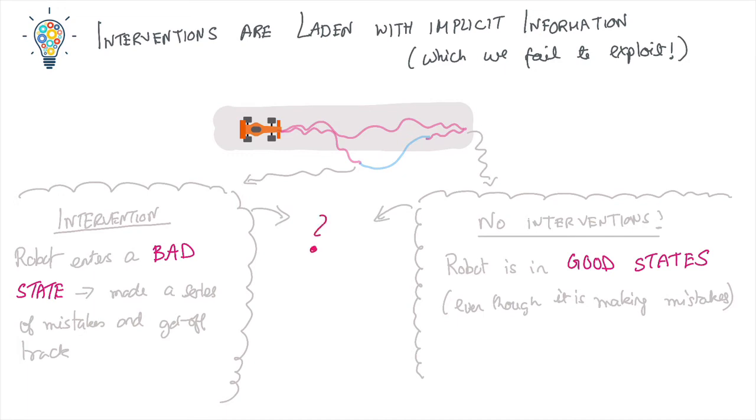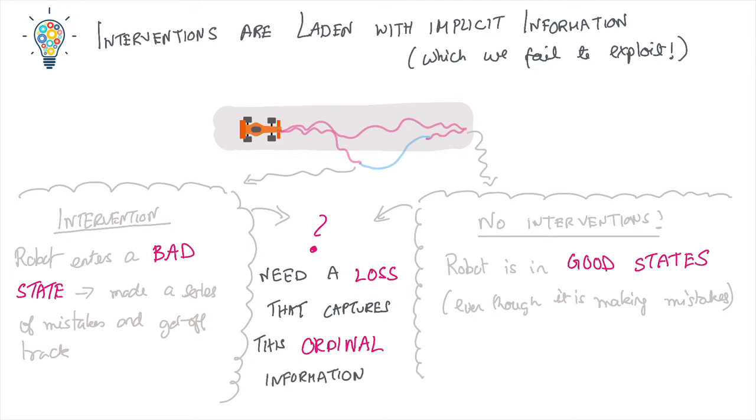And we need a loss function that essentially captures this sort of ordinal information, that there's a set of states that are good, that are preferred to a set of states that are bad. So far we've been dealing with one type of loss function that just says do good actions. We need to add a second type of loss function that says don't do bad actions that cause you to go from a good state to a bad state.